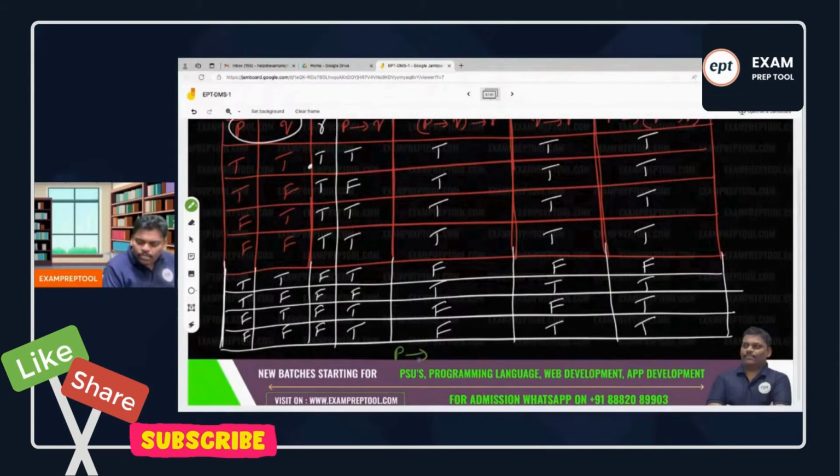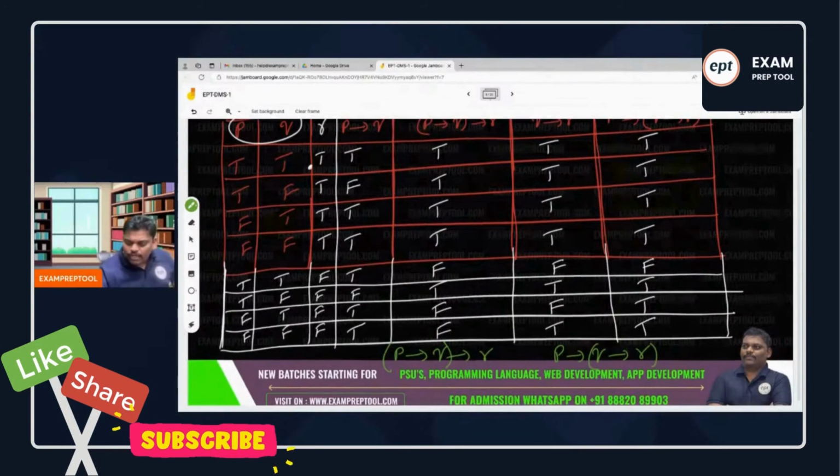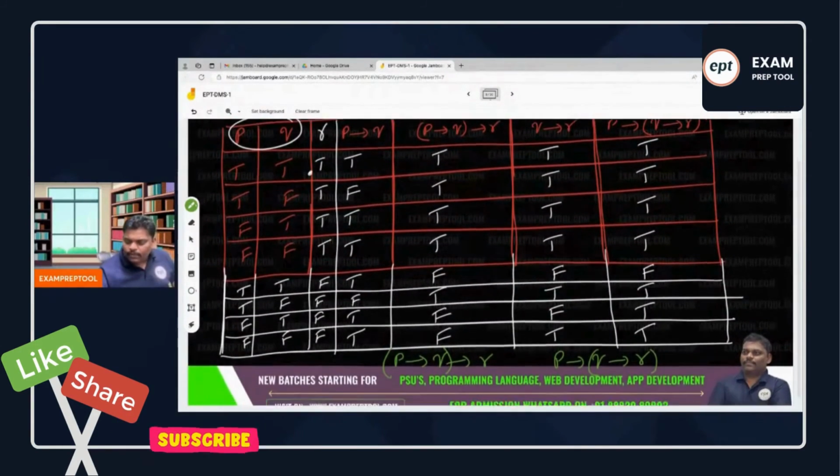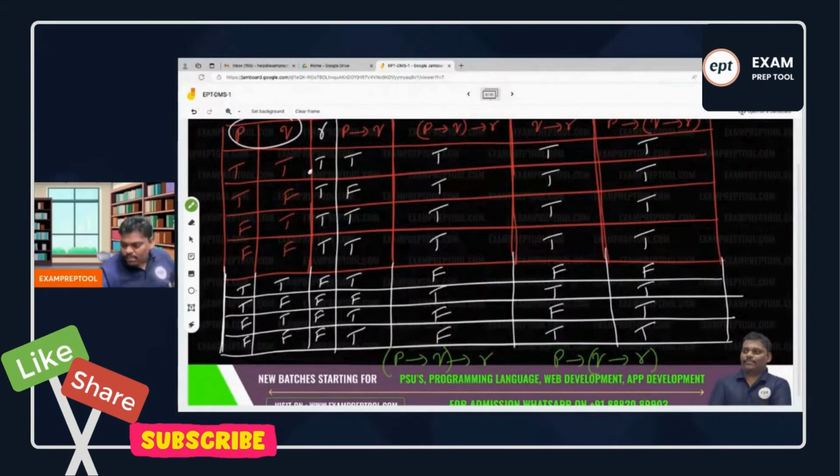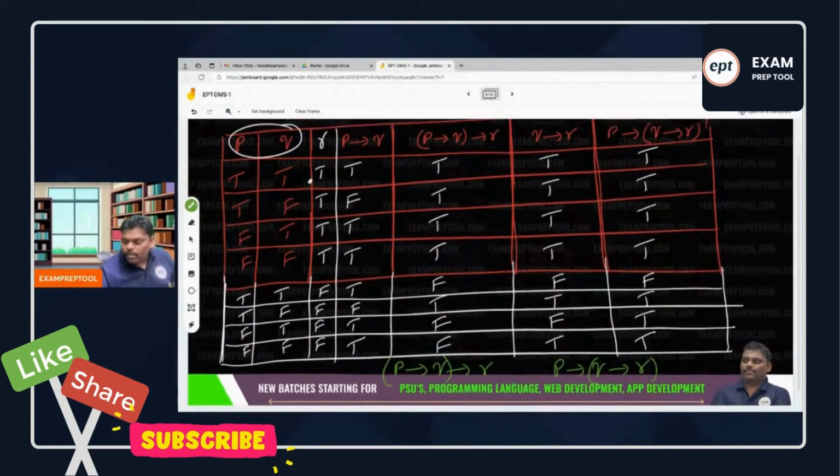P employees, Q employees. See this one, first these two, then employees. Can you help? Are these two the same or not? Verify: P employees, Q employees, or P employees, Q employees.